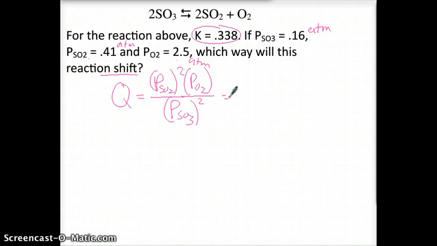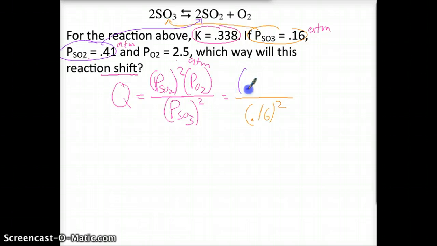Again, with these pressures, we might be at equilibrium, we might not be. So SO3, we'll plug that in the denominator. So 0.16 squared. We're also given SO2. So we'll plug that in on the numerator and square it. 0.41 squared. And we're also given the partial pressure of oxygen, 2.5, so times 2.5. So that would be the setup.